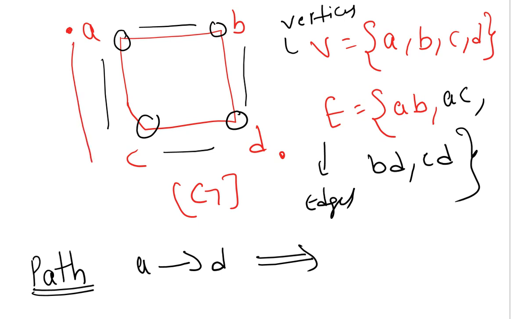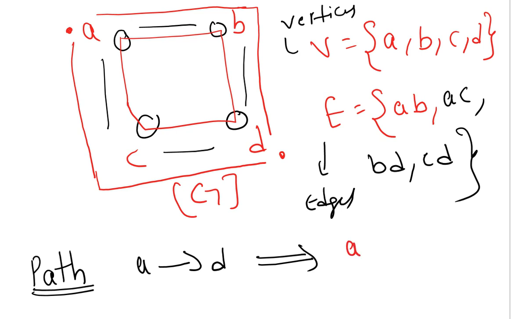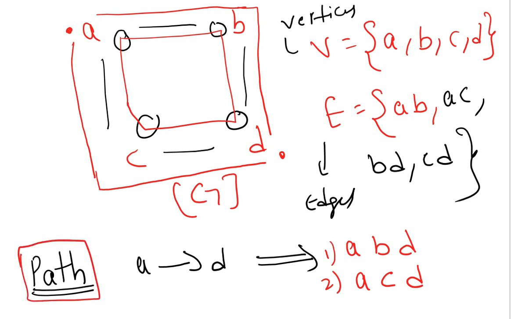We can go A to C and C to D. Another path is A to B and B to D. So one path is A, B, D, and the second path is A, C, D. This is called the path. Path means the way through the links.